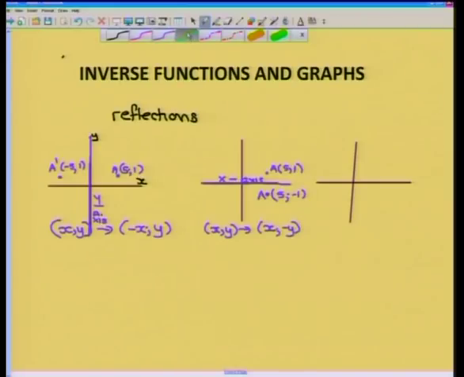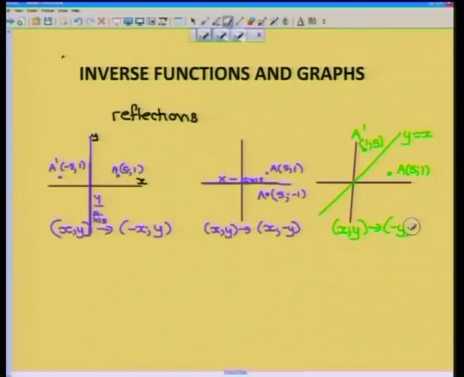And then the last one we did was symmetry about the line y equals x, a reflection in that line. If our A was over here at 5, 1, then if we reflected this side, A dashed would be 1, 5. At that time, I remember saying to you that if we're working with the inverse, we're actually just doing a reflection around the line y equals x.